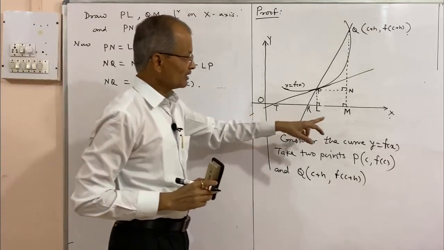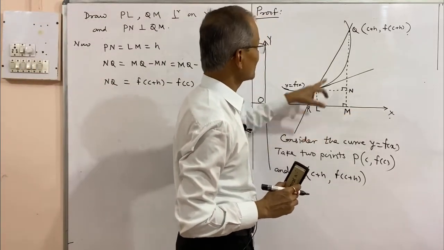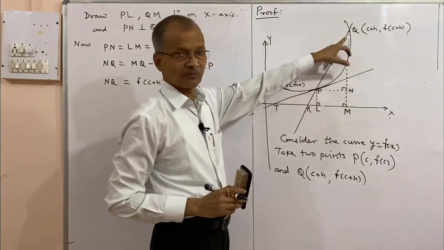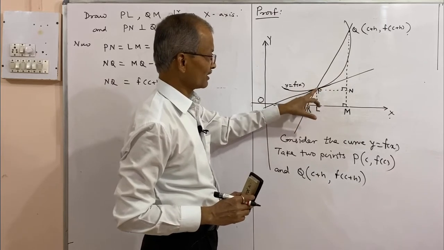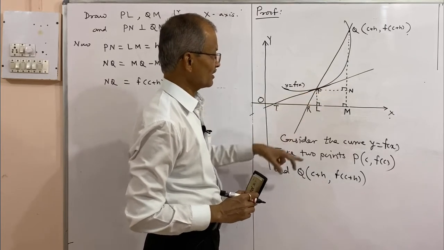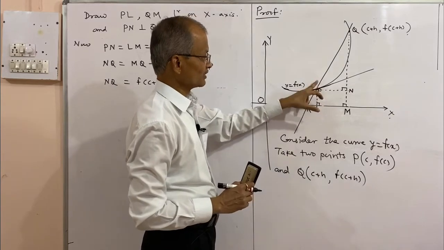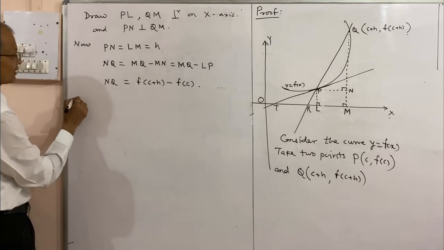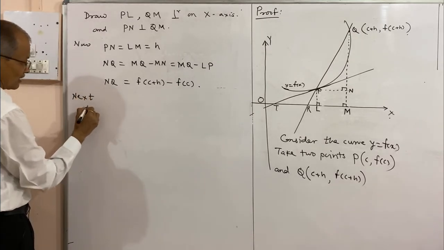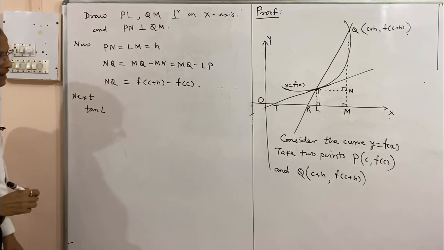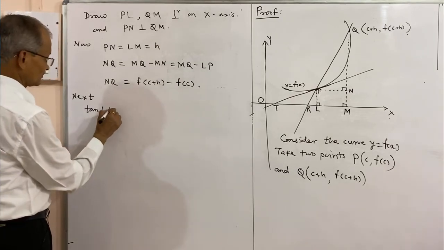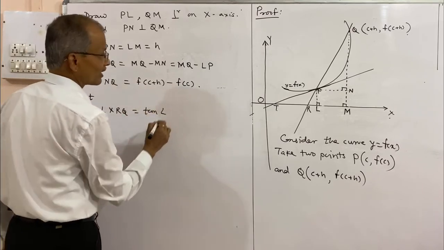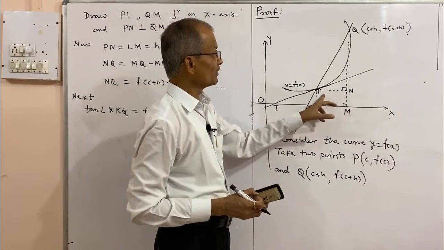Now what we shall consider is that the angle XRQ is same as the angle NPQ, because these are corresponding angles here. These two lines are parallel, and therefore this angle is equal to this one. So tan of angle XRQ is equal to tangent of angle NPQ.